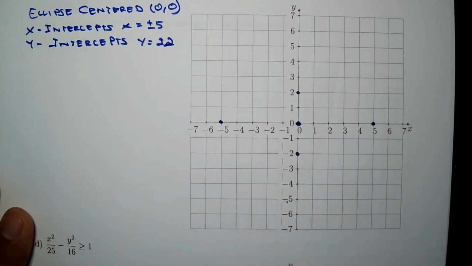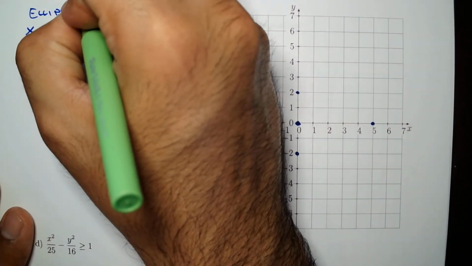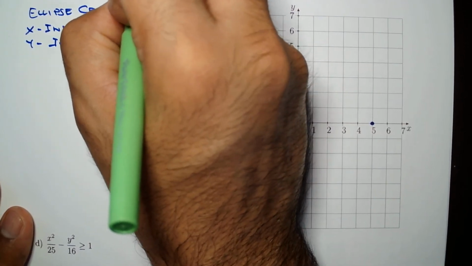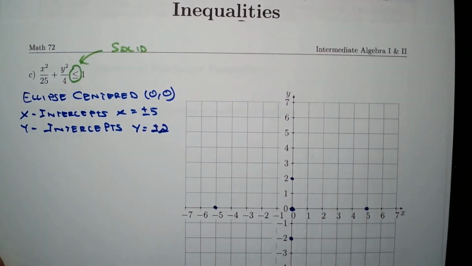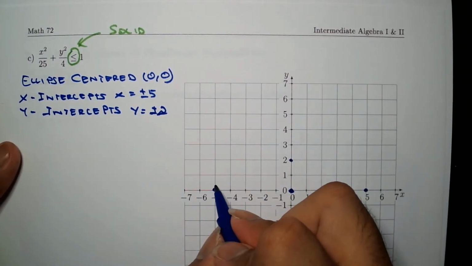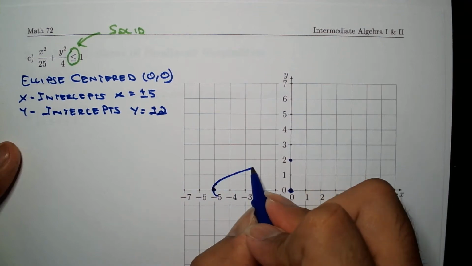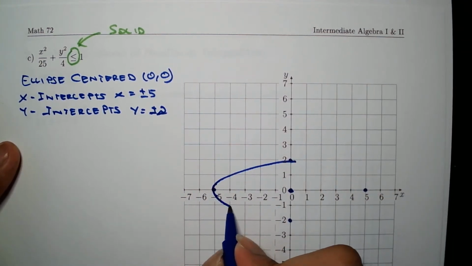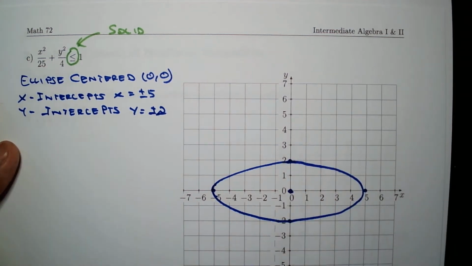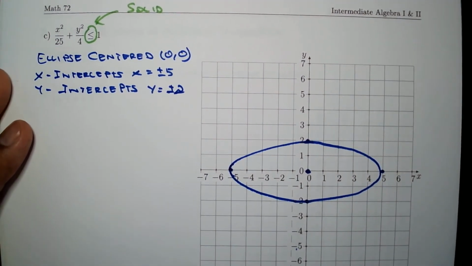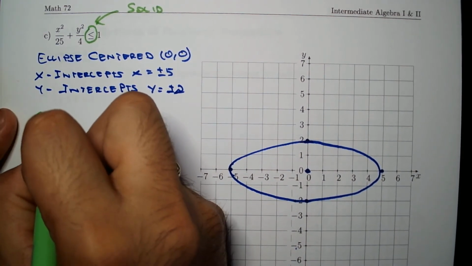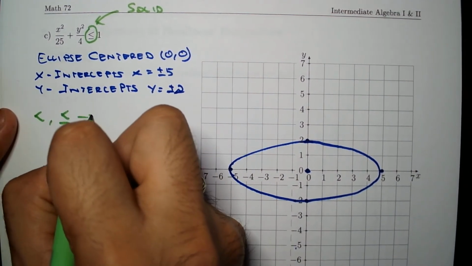And by the way, because of less than or equal, this is gonna be a solid ellipse. All right, solid ellipse, like this.